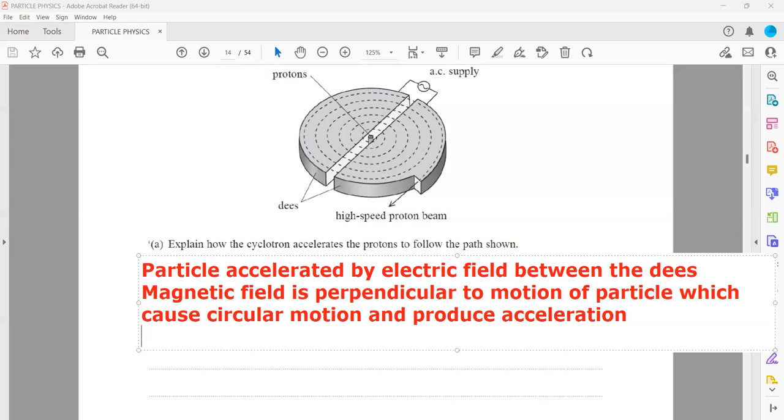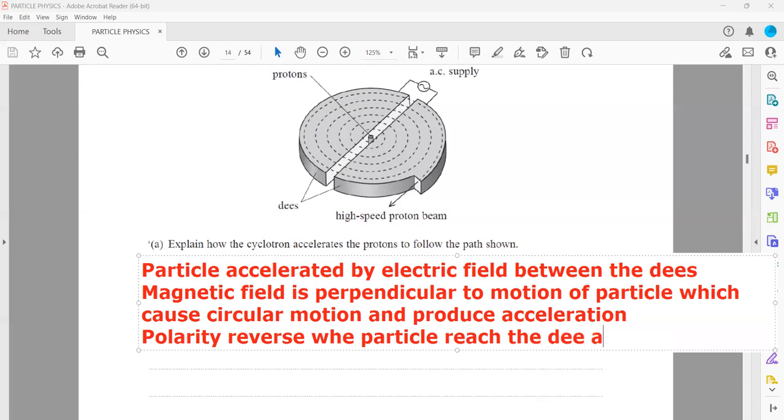Then the electric field or polarity reverses when the particle reaches the D again.